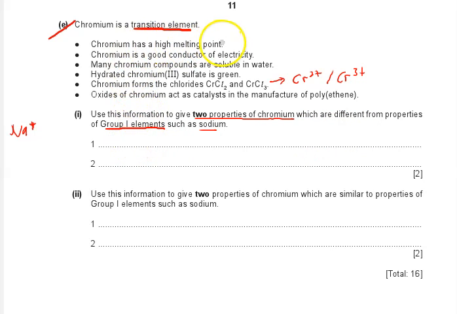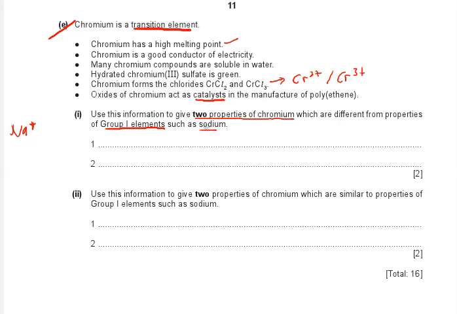And chromium has a very high melting point. However, sodium has a relatively low melting point. And the other comparison here, all transition elements behave as a catalyst.